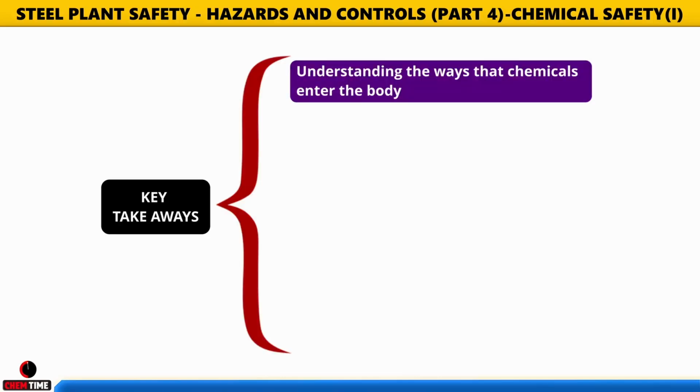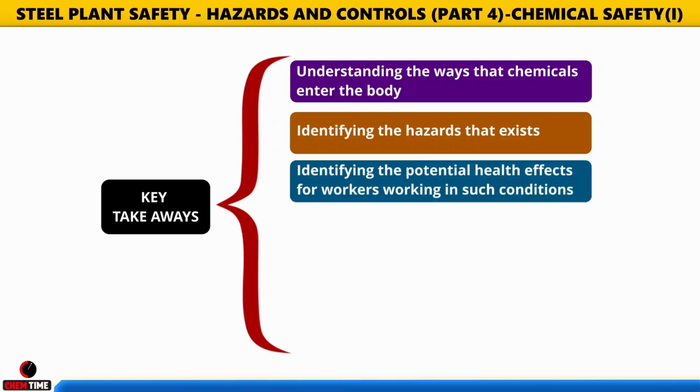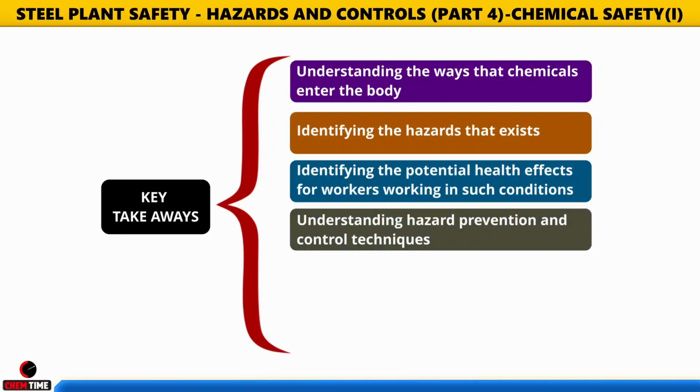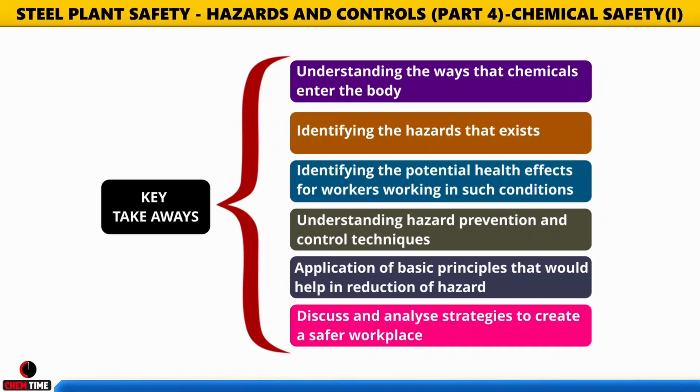The key takeaways from this slideshow are understanding the ways that chemicals enter into the body, identifying the hazards that exist, identifying the potential health effects for workers working in such conditions, understanding hazard prevention and control techniques, application of basic principles that would help in reduction of hazards, discuss and analyze strategies to create a safer and a better workplace.